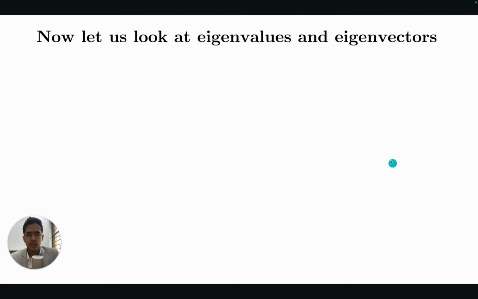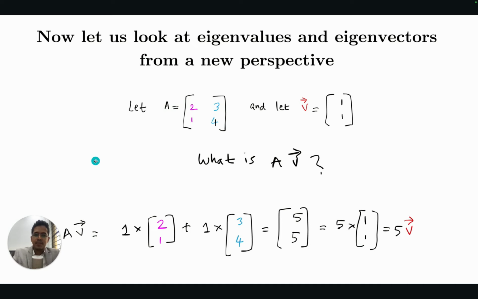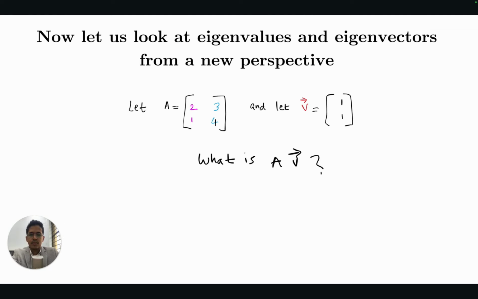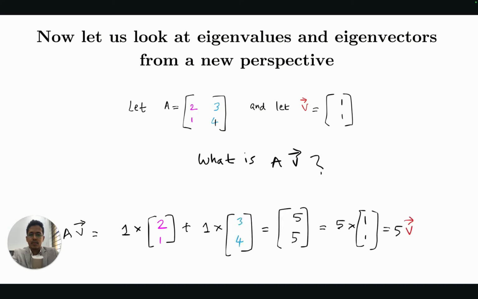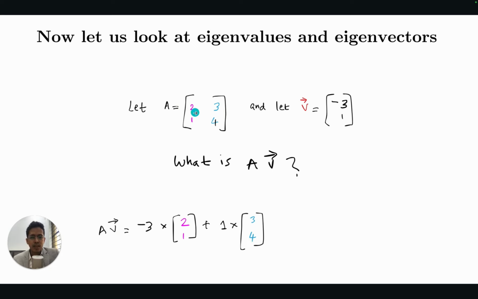And what if we look at another vector here? Let A be the same matrix 2, 1, 3, 4, and the vector v is -3, 1. What happens here? Here, Av is -3 times 2, 1 plus 1 times this 3, 4.